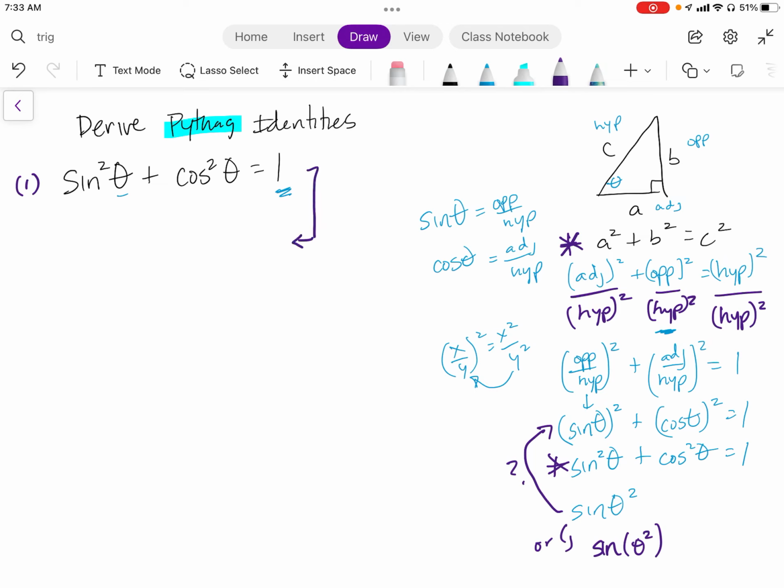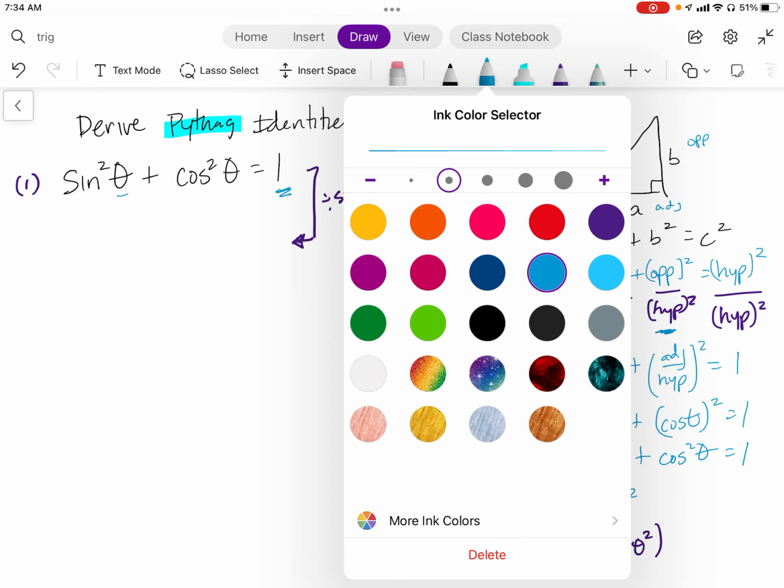divide everything, because I don't have the other two memorized, right? I could easily get them. To get one of them, you divide everything by sine squared theta. And to get the other, we'll just use a new color here. Doesn't matter, we'll do green.